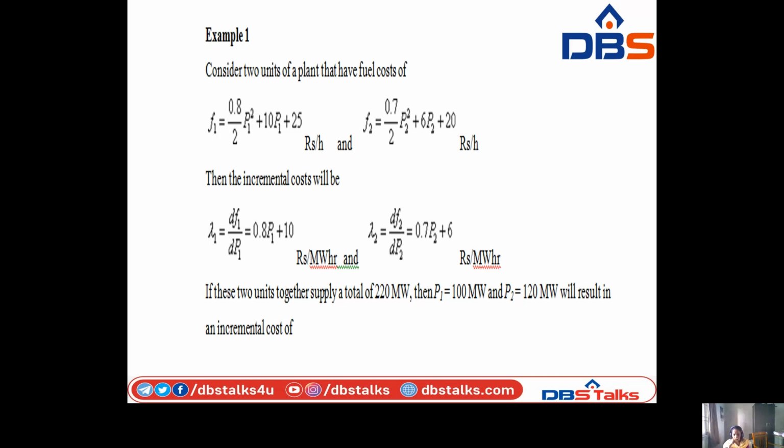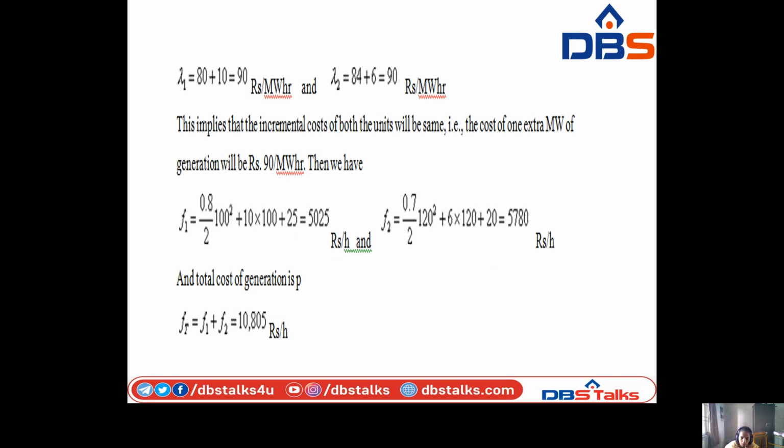These two units together supply a total of 220 megawatts. Then P1 equal to 100 and P2 equal to 120 will result in the incremental cost. So in this problem, the fuel cost and incremental cost are given, and the total system supply is 220. Here P1, P2 will be 100 and 120. So this results in incremental cost of lambda 1 equal to 80 plus 10.